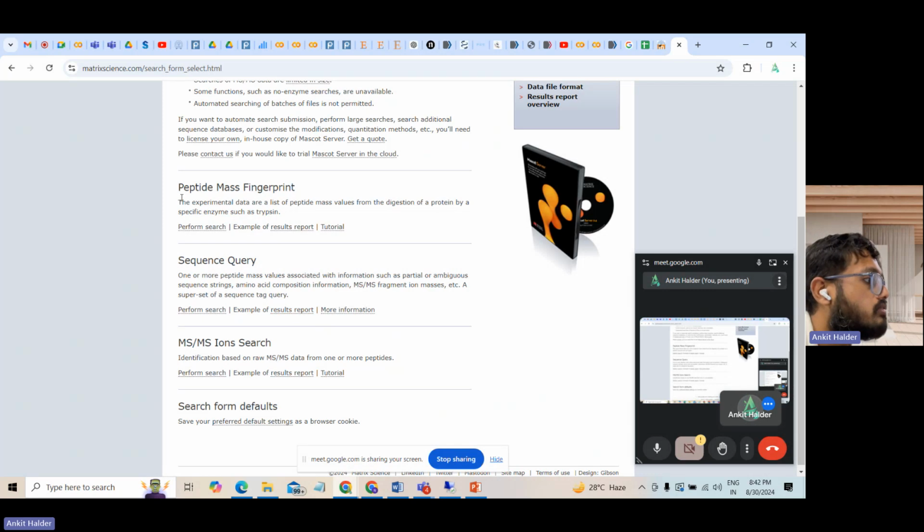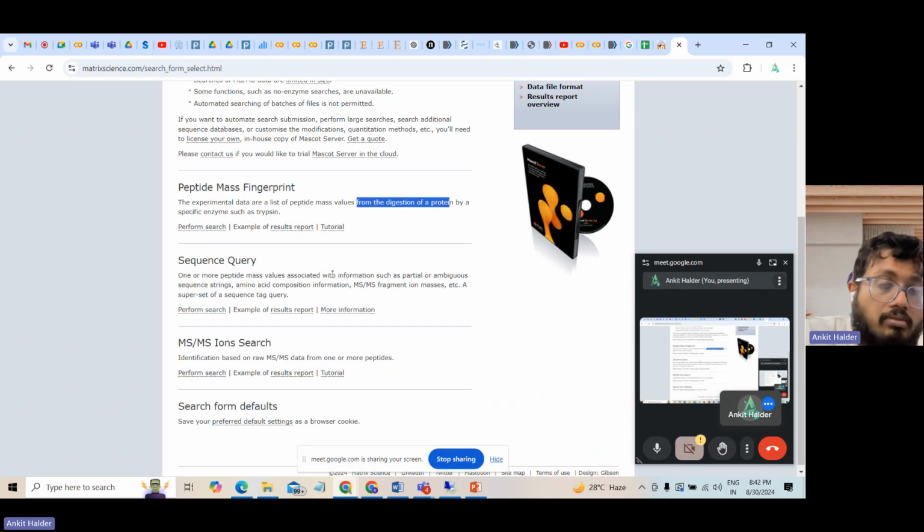Peptide mass fingerprint is for the protein digested by a specific enzyme such as trypsin, when we are doing only the MS level, that is MS1. It will have one particular enzyme and the peptides will be hitting that particular data.